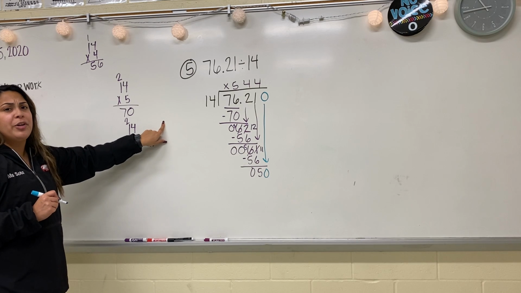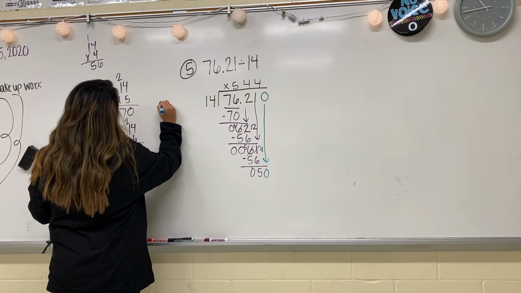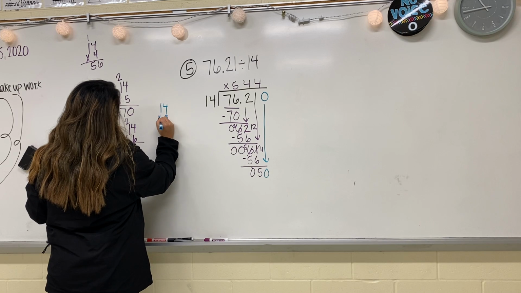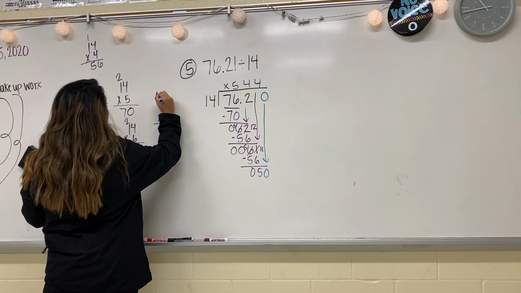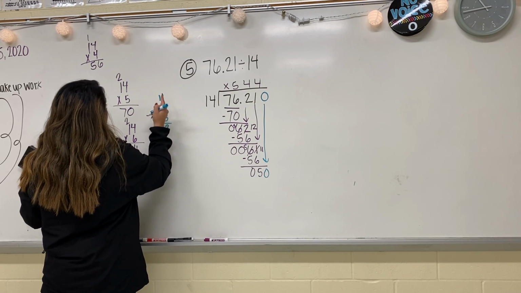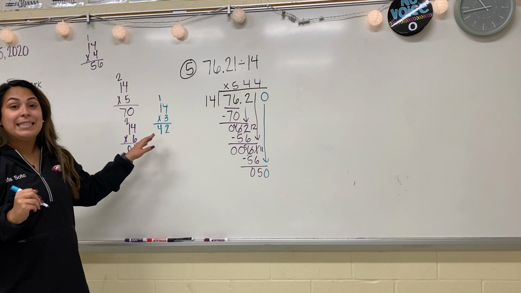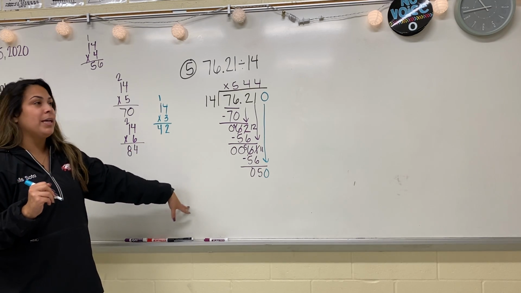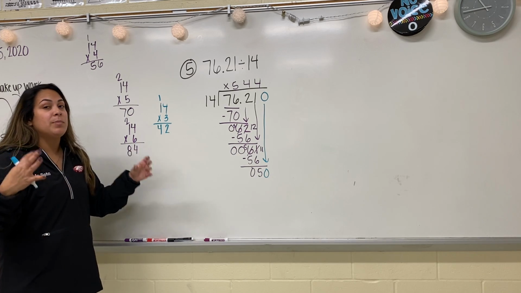So over here, I'm going to do 14 times 3 and see if I can get closer to 50. 4 times 3 is 12. I'll put my 2, carry my 1. 1 times 3 is 3. 3 plus 1 is 4. Well, that's as close as I'm going to get to 50, because if I were to go lower, it'd be an even smaller number.